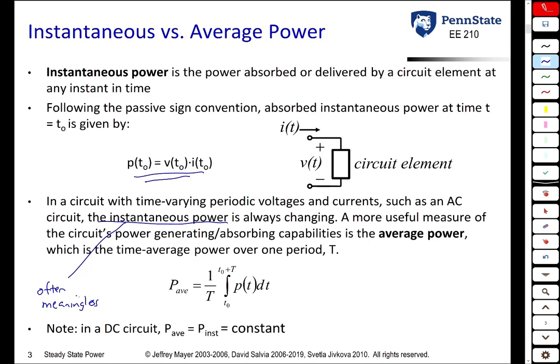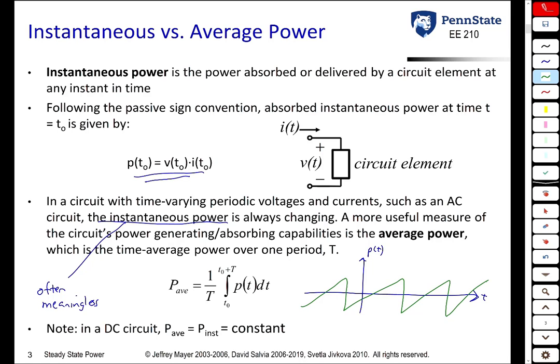What's more useful for us is what we call average power, which is the time average power over one period. So imagine that you have a power signal that looks something like that shape.